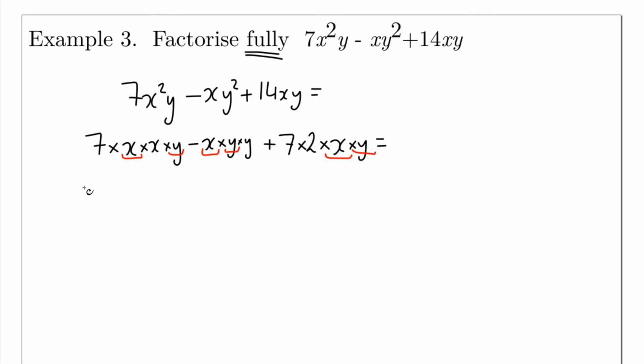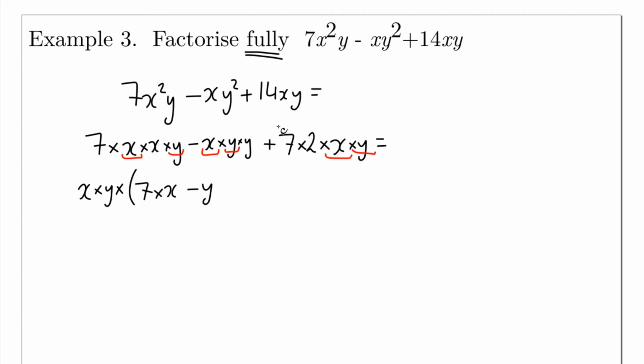So we will take out x times y, and what are we left with? The left hand term, we had 7 times x times y, but once we've removed the common factors, we're left with 7 times x. The middle term, we've removed the x and the y outside the bracket, and we're left with the y. But this term is negative, so we're left with negative y.